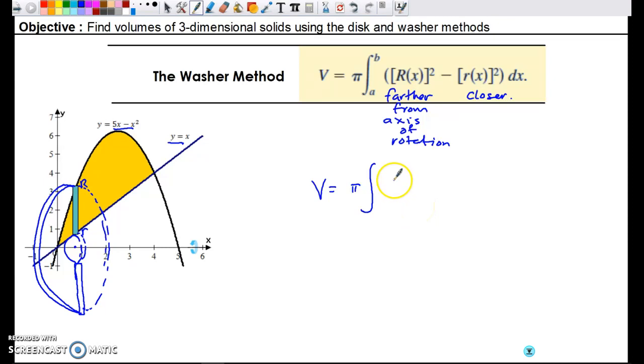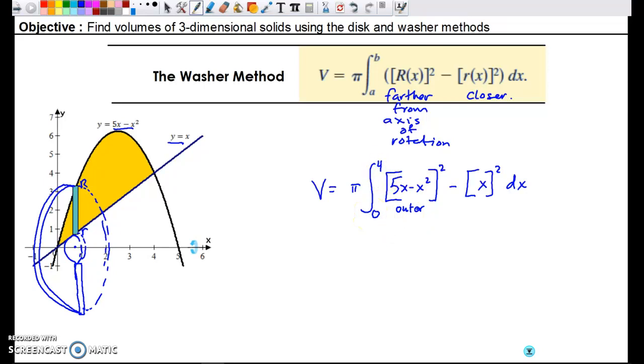So the first one is going to be 5x minus x squared, and I have to square that. That's the outer radius, farther from the axis of rotation. This is outer squared minus the inner radius squared, which is just x, all with respect to x, and my bounds of integration would be from 0 to 4 again.